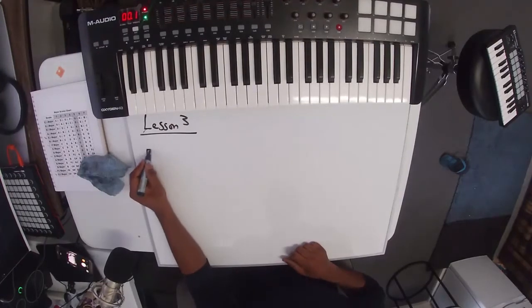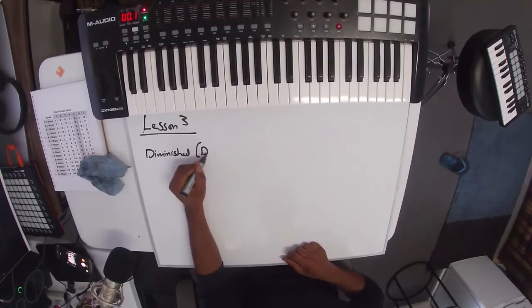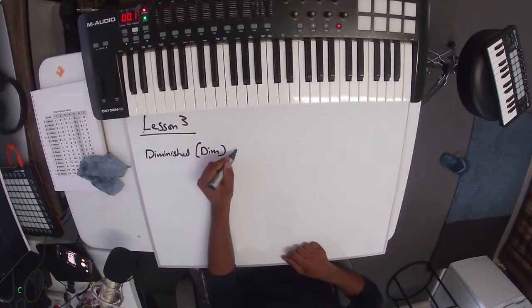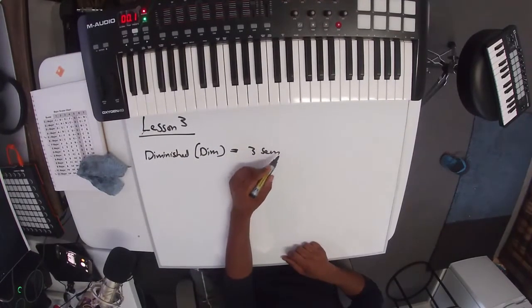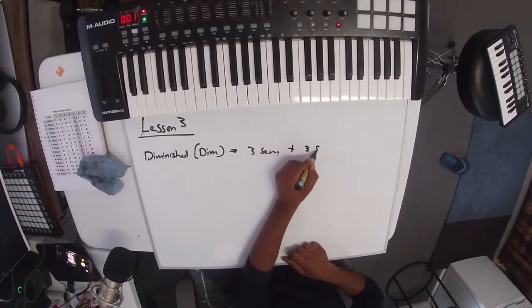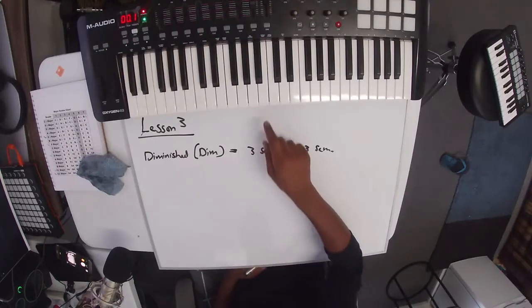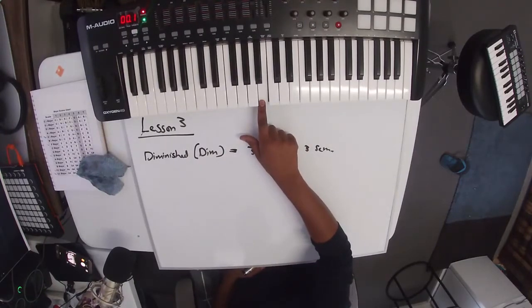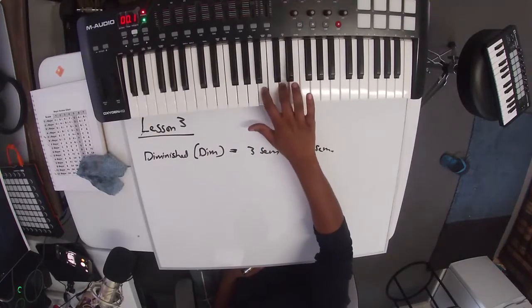So diminished, usually written as DIM for diminished, is going to be 3 semitones plus 3 semitones. So for instance, if I've got a B, I'm going to use 3 semitones, 1, 2, 3, 3 semitones, 1, 2, 3.